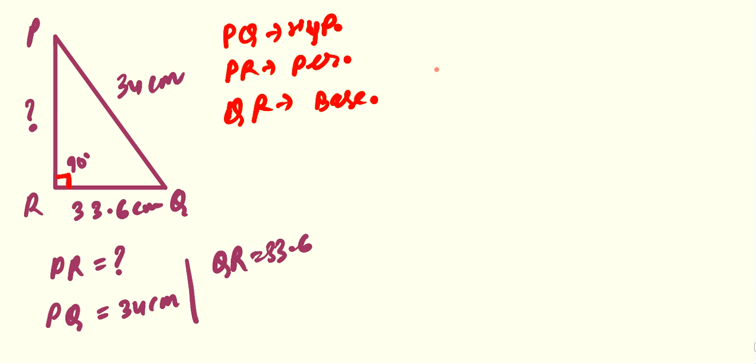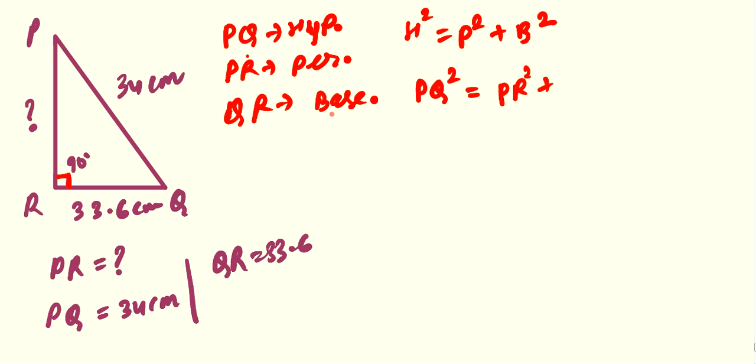So now apply Pythagoras theorem. Pythagoras theorem is what? Hypotenuse square equals to perpendicular square plus base square. So hypotenuse is PQ, so you will write PQ square equals to perpendicular is PR, so write PR square. Base is QR, so write QR square.